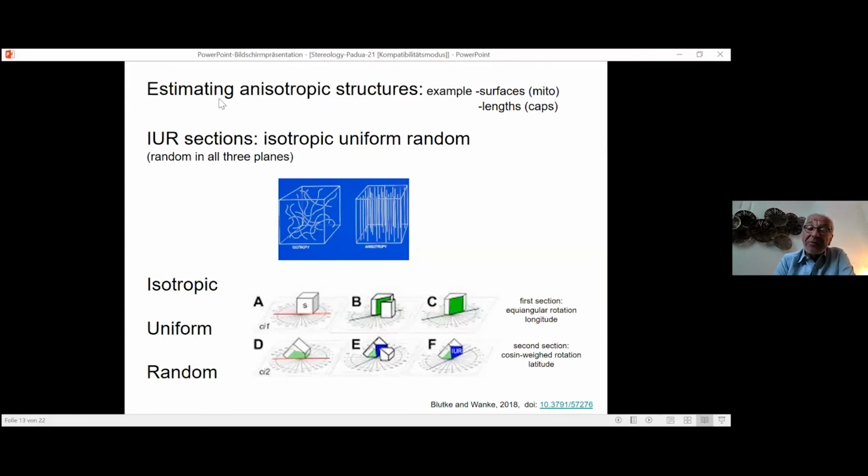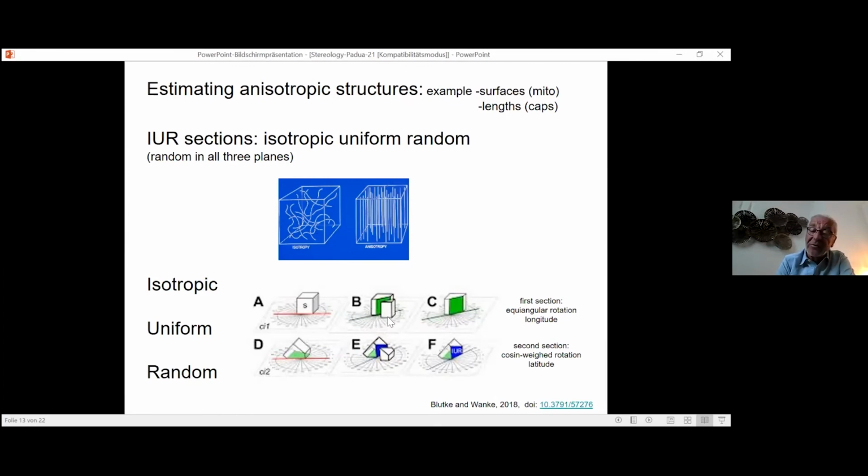What you have to do when you deal with anisotropic structures, surfaces, and lengths, if isotropy doesn't apply, but you have some anisotropy, is use a particular sectioning scheme. Because your tissue is not sectioned isotropically or oriented isotropically, you have to make the section isotropic.